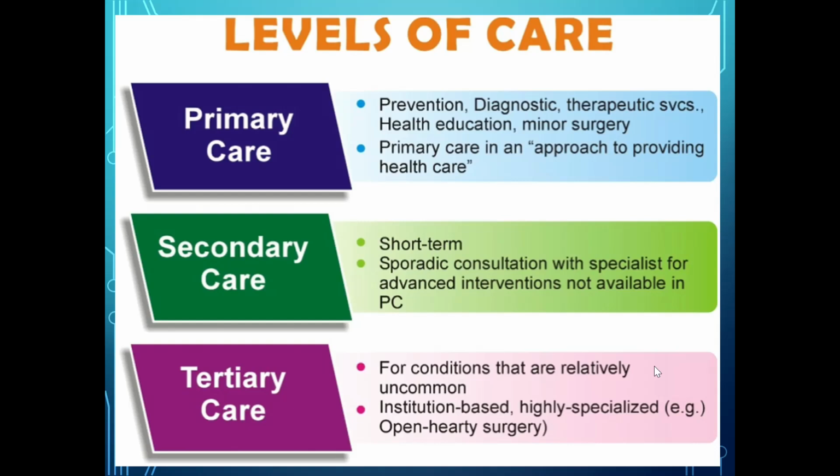Here a specialist is needed, so the problems that cannot be solved at the primary level, which require specialized treatment or intervention, come under secondary care. The level above primary is secondary health care. So that is the second level.